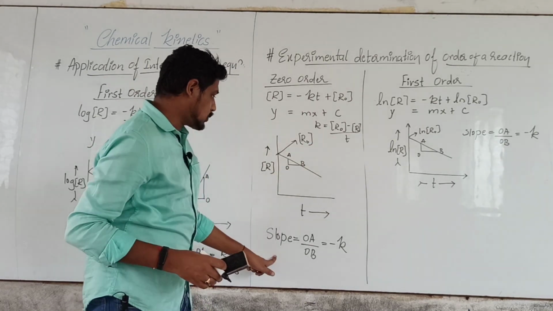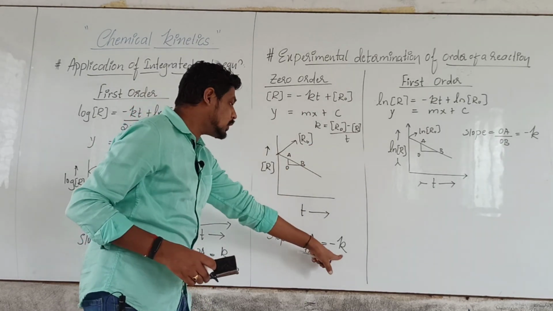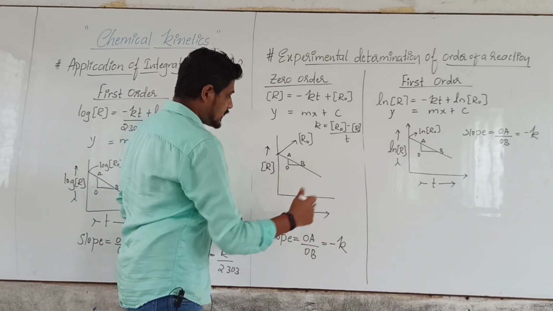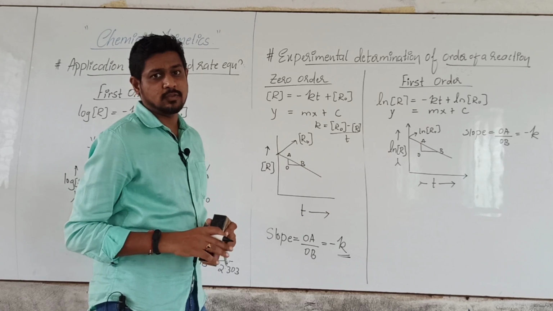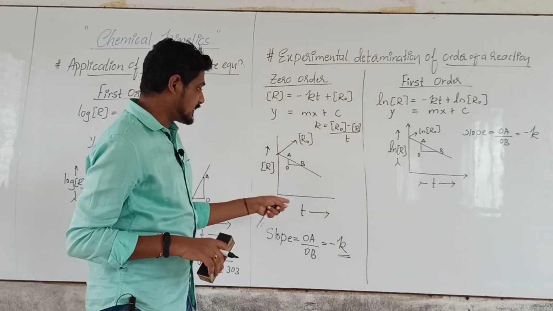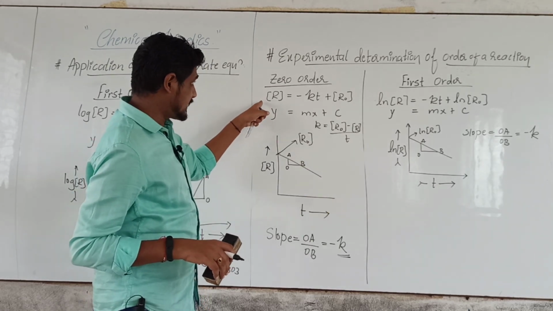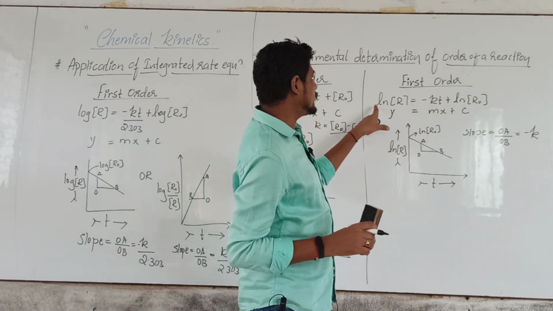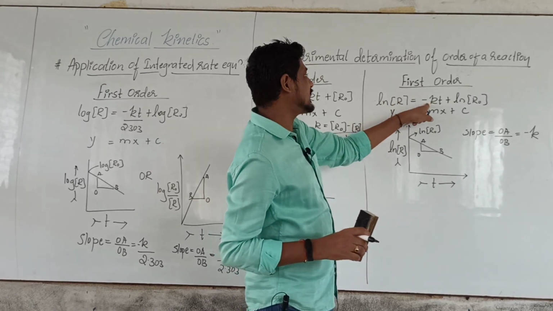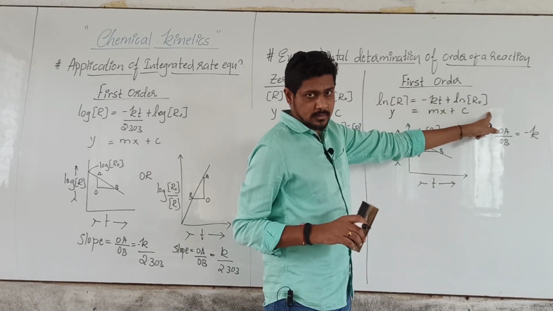Now the slope value is equal to OA by OB, which is equal to minus k. So this is your rate constant. So we can calculate the rate constant for a zero order reaction by the graphical method using the integrated rate equation. Now for first order reaction, again ln of R is equal to minus kt plus ln of R naught.